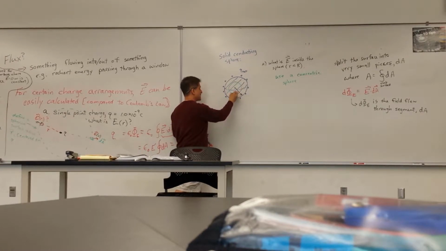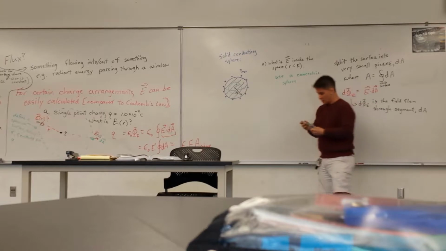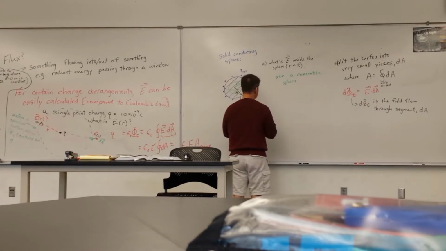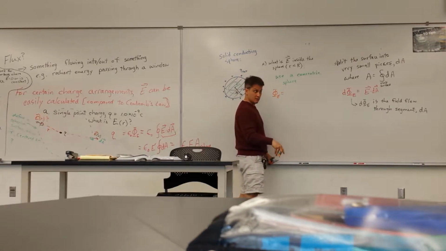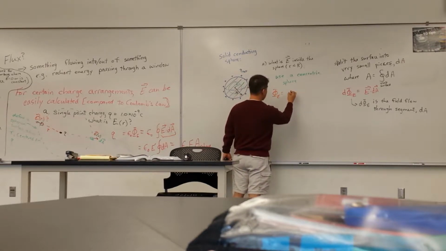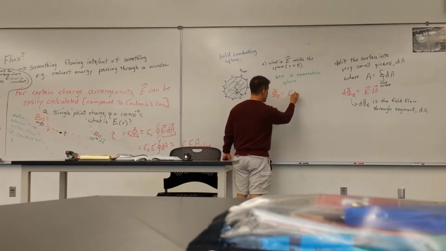So there's my Gaussian sphere. And the radius of this thing is r. So if I want to know what the flux is, I'll calculate that. Because of the spherical symmetry, I can say that it's going to be equal to E times A for this Gaussian sphere.